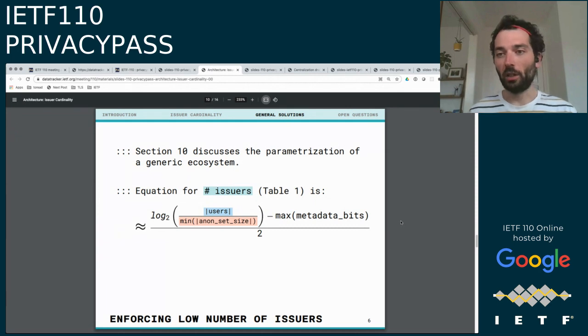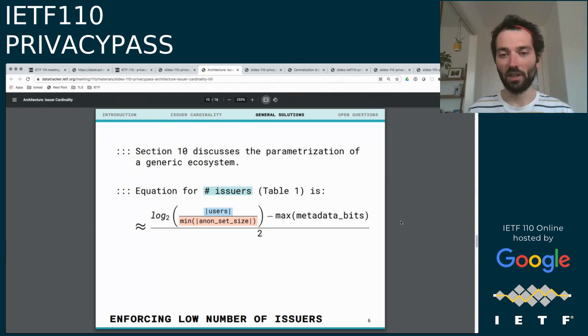So section 10 of the document talks about the parameterization of what a generic Privacy Pass ecosystem looks like. So we have this equation which determines the number of issuers which we can allow. This logarithmic expression in the equation relates to the exponential relationship between the number of issuers and the decrease in client privacy.